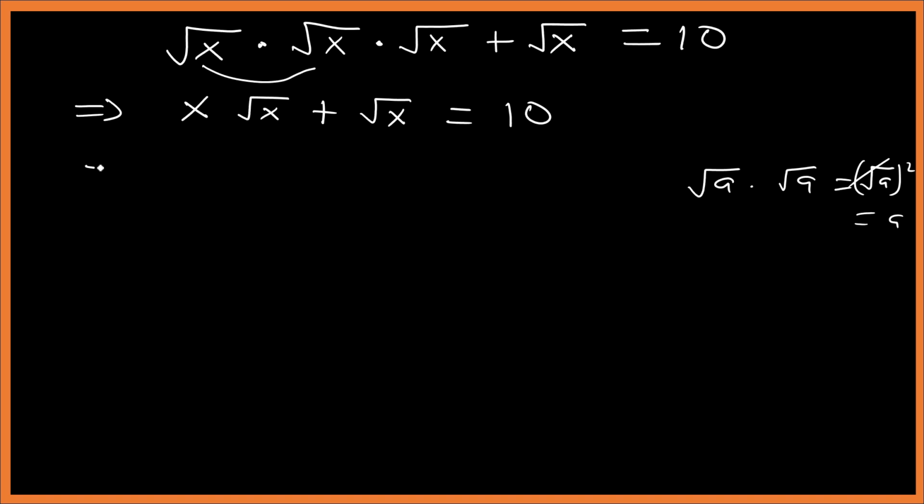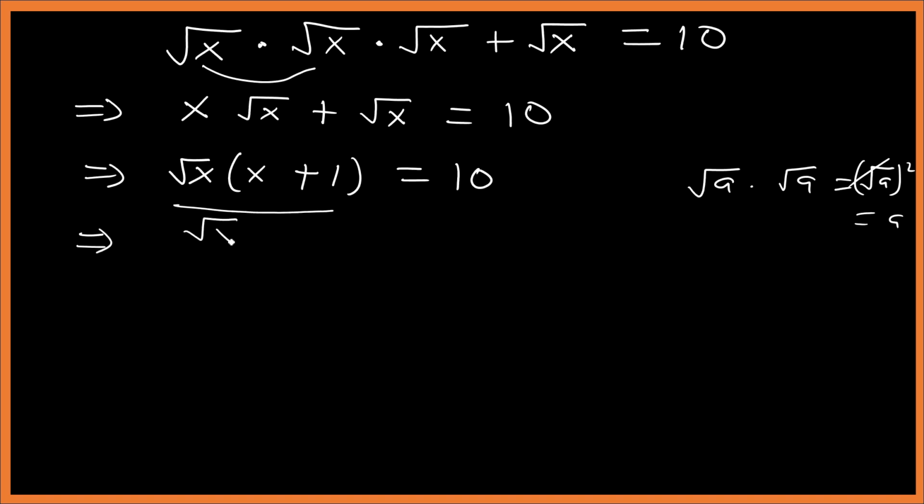Okay. Now let's observe this one. We have square root of x in common. So let's take it out. Square root of x, bracket, x plus 1, equals to 10. Okay, so let's divide both sides by square root of x. So this one will go.